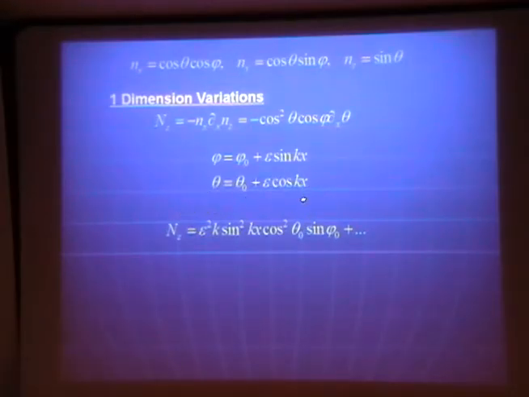Then we expand in terms of a small sinusoidal deviation from that uniform orientation. Then we get the first expansion. This is the lowest possible expansion of the contribution, and it starts with a quadratic term in the amplitude of the variation.